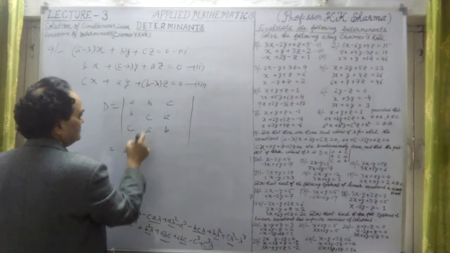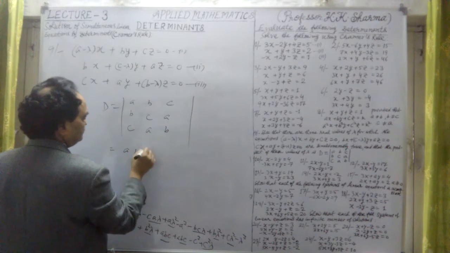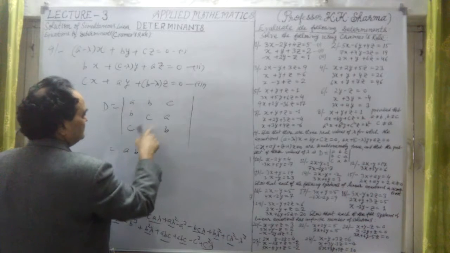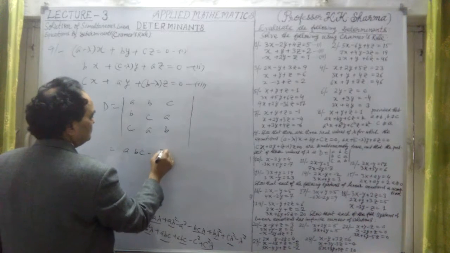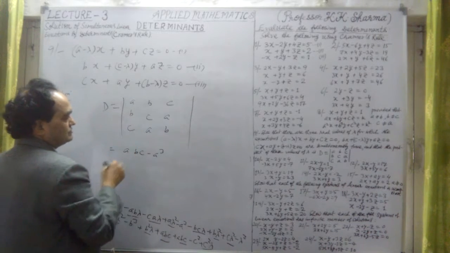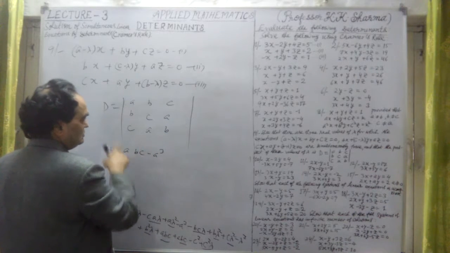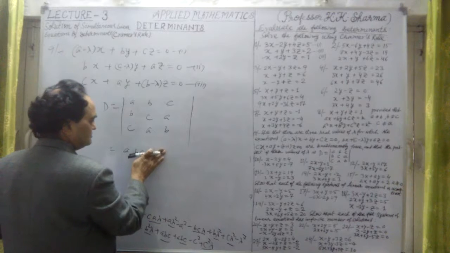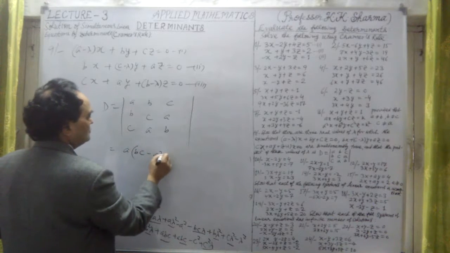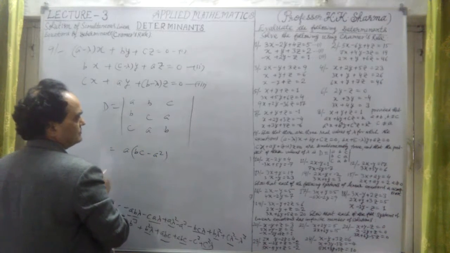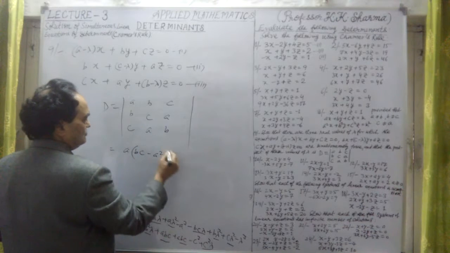It's nothing but A into ABC minus A cube. This is right, A into A cube. This is A square, and I multiply A. Let me write here A into A square. Now it's okay. This is BC minus A square.